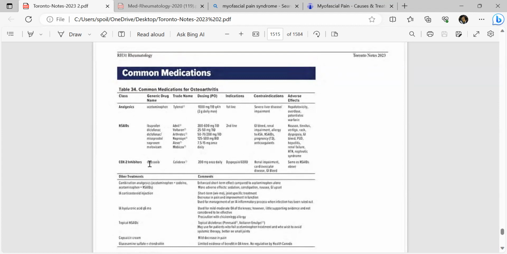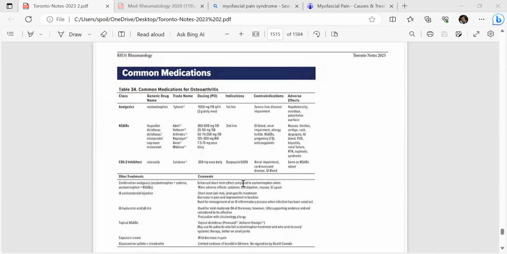Okay, COX-2 inhibitors. So celecoxib, and its indications are dyspepsia and GERD.